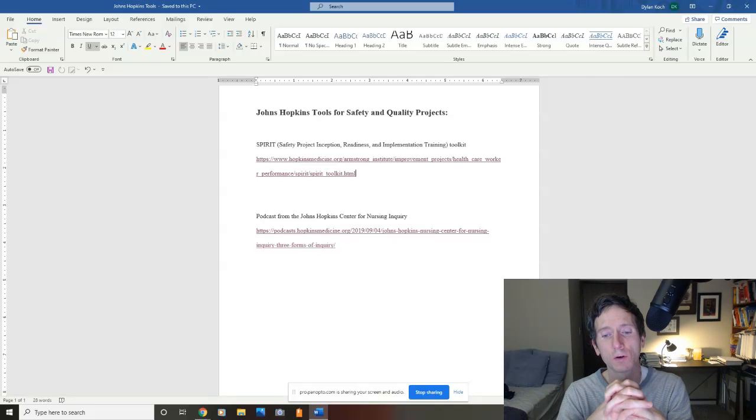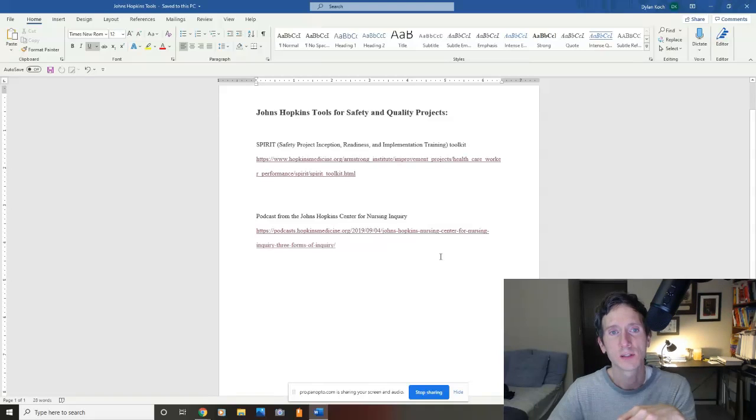My goal today was to sift through a lot of the Johns Hopkins tools we use here. Particularly, we use the Johns Hopkins EBP tool, but there's also lots of other great tools. So I created this little document that you see here, this Johns Hopkins tool for safety and quality projects.